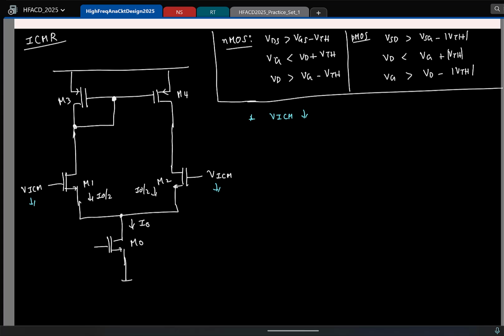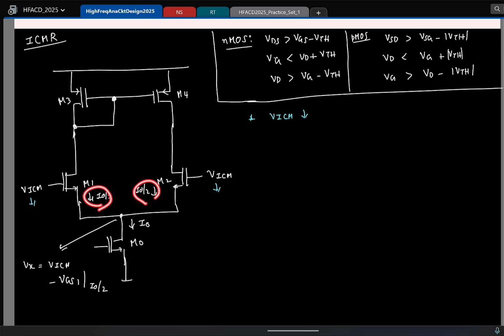Okay. Now if I keep reducing this gate voltage, what will happen to this voltage? That will reduce, because remember this Vx is the gate voltage minus VGS of M1 or M2 at a current I0 by 2, because the VGS of these transistors is fixed, because the current is fixed.